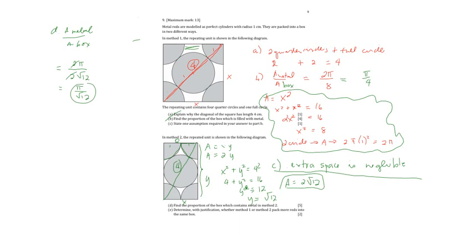For letter E, determine with justification whether method 1 or method 2 packs more rods into the same box. For the first one and the second, they pack the same 2 pi over 8 here, 2 pi over 2 square root of 12.